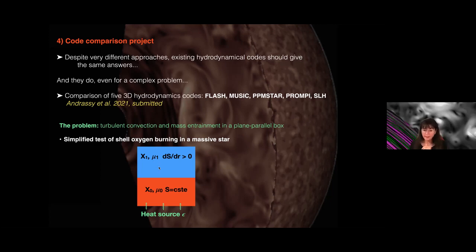So typically the setup starts from an isentropic layer at the bottom, which has a given molecular weight mu0 and a mass fraction x0. Above it you have a stably stratified layer with another composition and a mean molecular weight mu1, which is smaller than mu0. Then you have a heat source at the bottom.